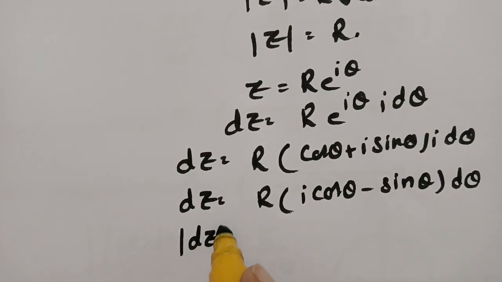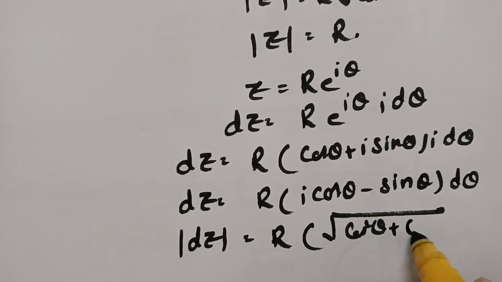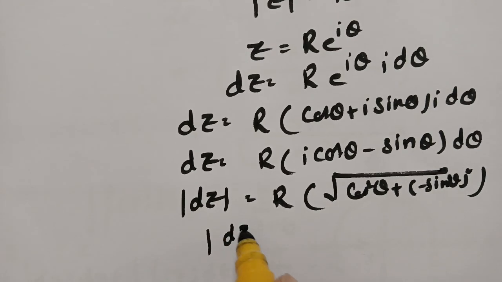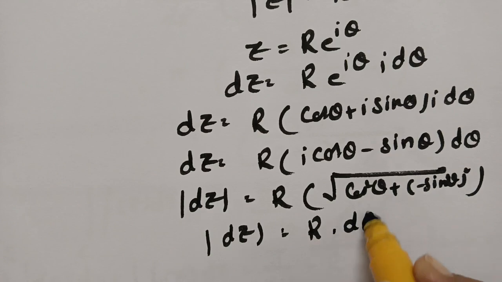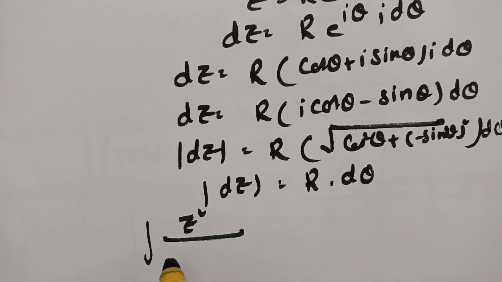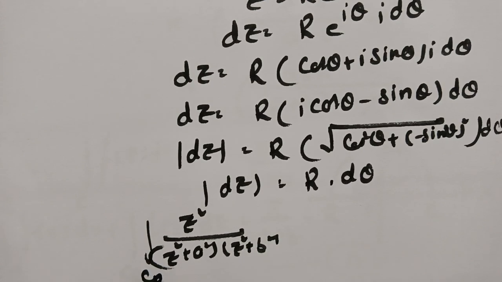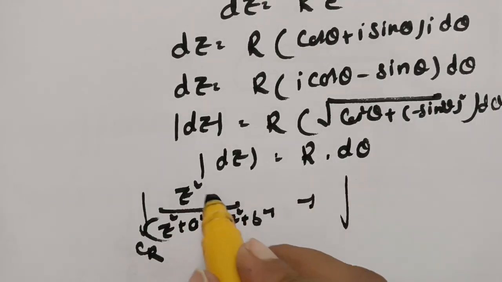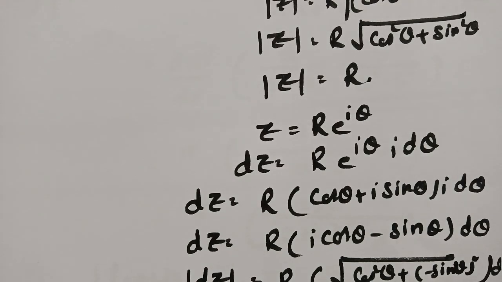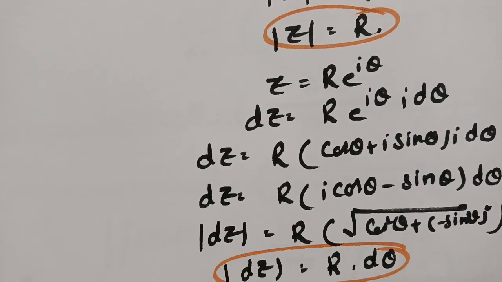If I apply modulus, this will be r times root over cos²θ plus (−sin θ)², and mod dz is equal to r dθ. Coming to this point, we have z² by (z² + a²)(z² + b²) over Cr, so in place of z I am going to write r, and in place of dz, r dθ.